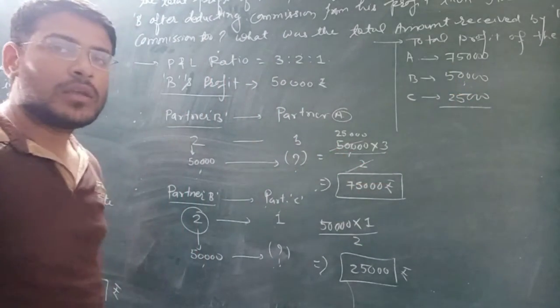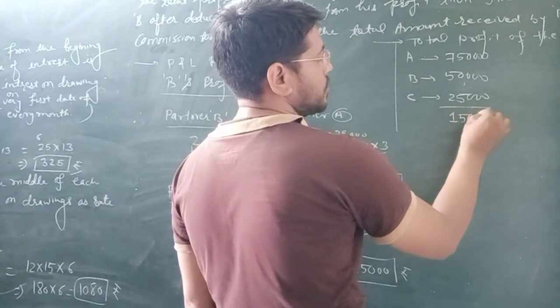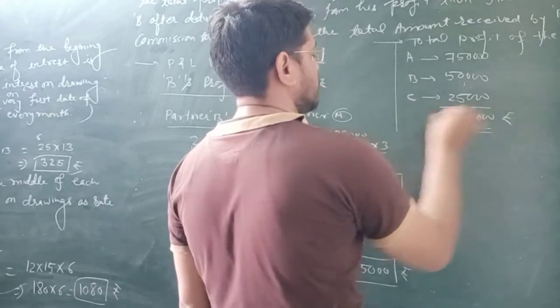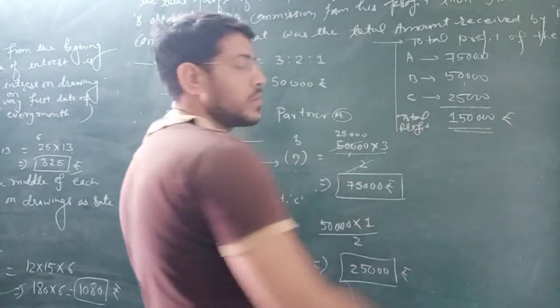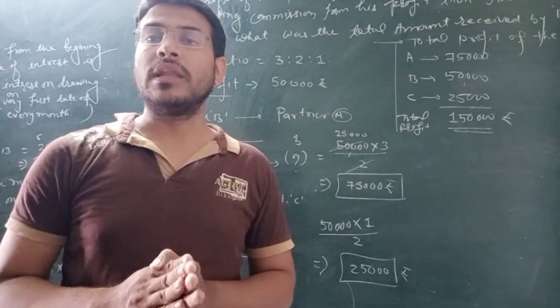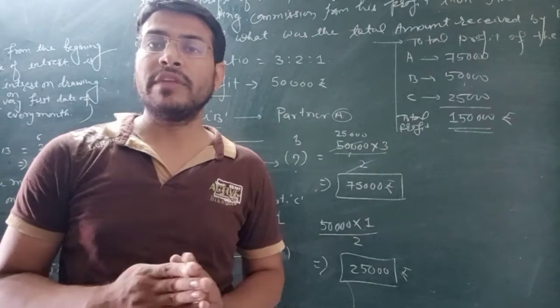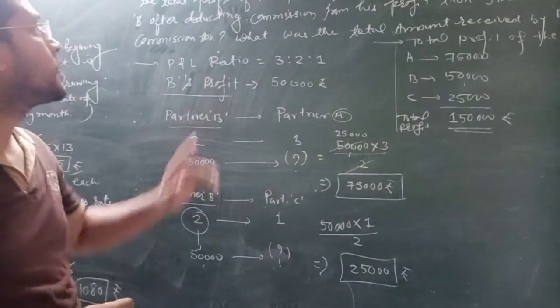In this way, the total profit of the firm is 1,50,000 rupees. So is it clear to everyone? Right? But the sum is not over yet. There is something that we still have to calculate. Now what is that? See here.